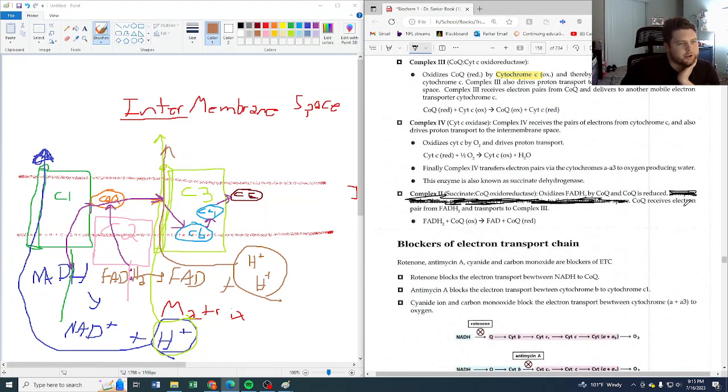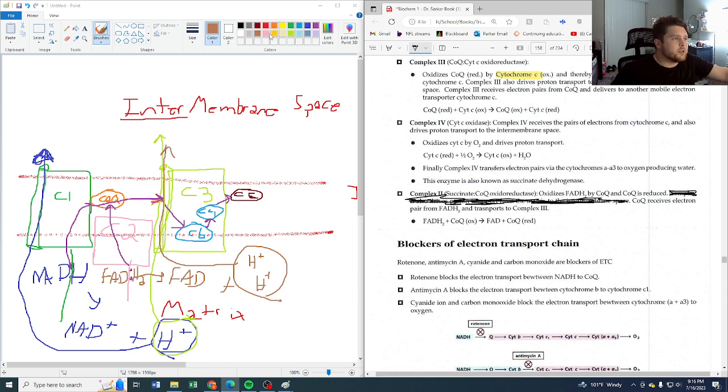We know that the CoQ, though, receives the electron pair from the FADH and transports it to complex 3. And also, if we think back to the last video, talking about the shuttles, the glycerophosphate shuttle, we talked about how it takes those electrons and converts them directly to FADH2, and then it passes them off directly to CoQ.